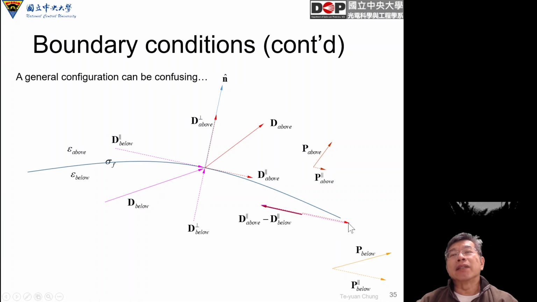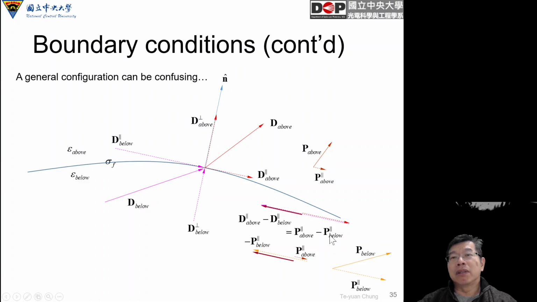So this vector plus this vector will be equal to this brown-looking vector, and that's the difference between the above and below polarization parallel components. The below parallel component takes a negative sign, so it goes this way.